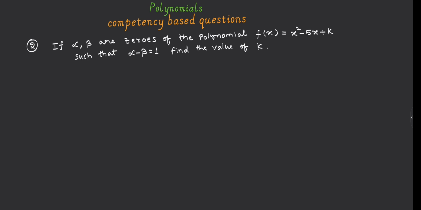Here again alpha comma beta, it is given that alpha comma beta are zeros of f of x is equal to x square minus 5x plus k.